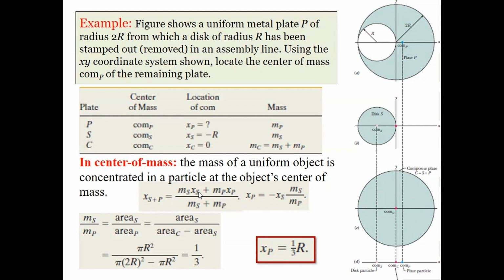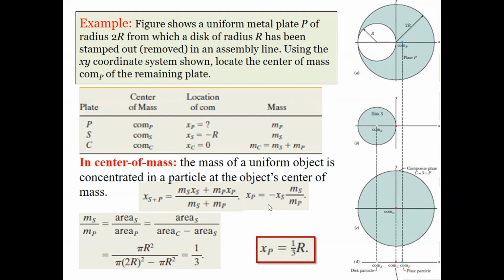So it is m S x S plus m P x P divided by the total mass. However, x P is given as the ratio, we can see, minus x S multiplied by m S divided by m P.